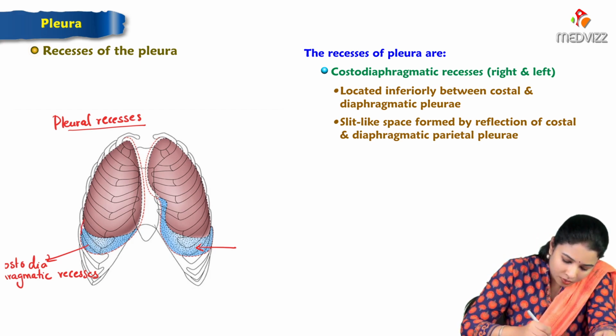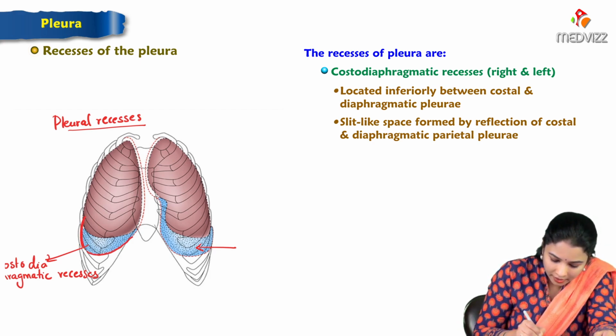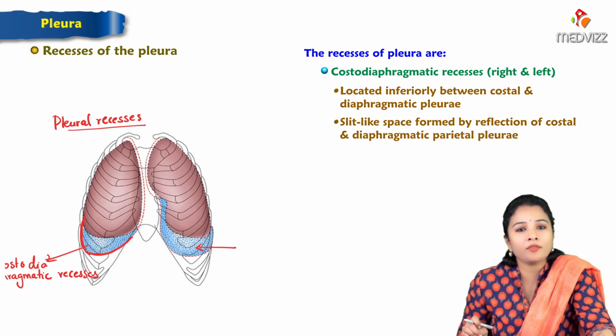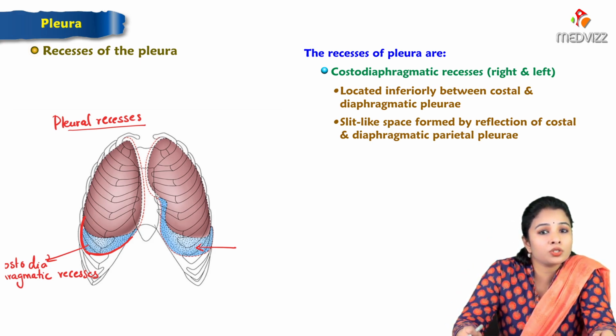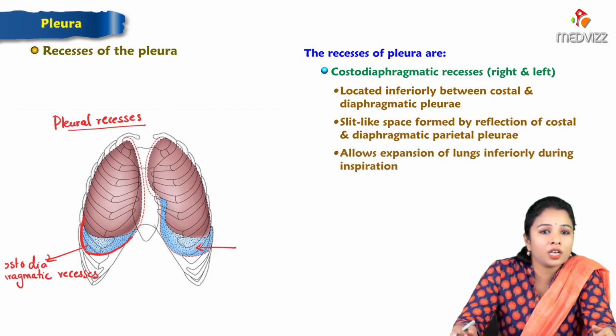So this is the costal pleura and this is the diaphragmatic pleura. You can see it gets reflected to enclose this costodiaphragmatic recess. It allows the expansion of the lungs inferiorly during inspiration.